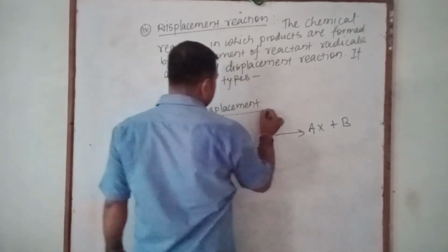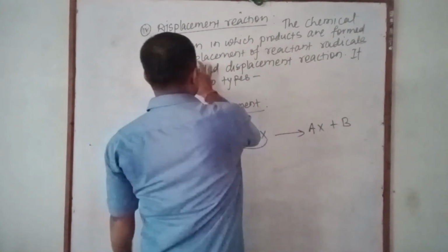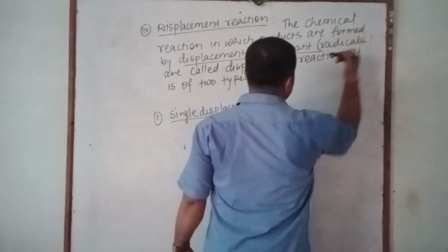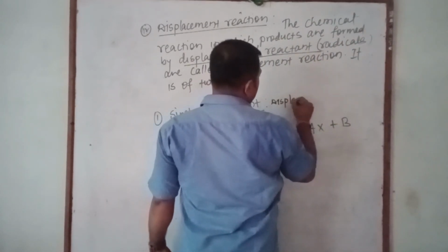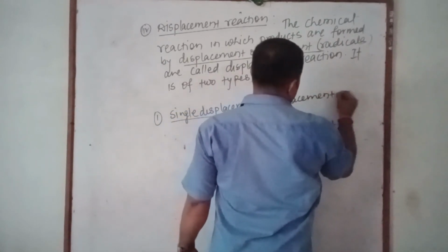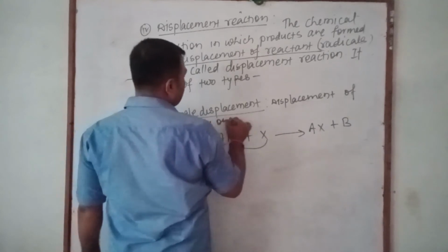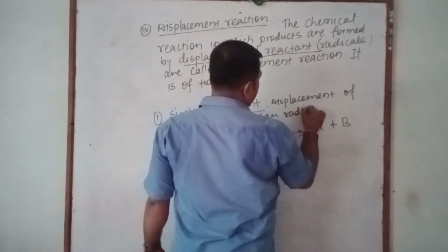Single displacement is the chemical reaction in which products are formed by displacement of only one reactant radical.